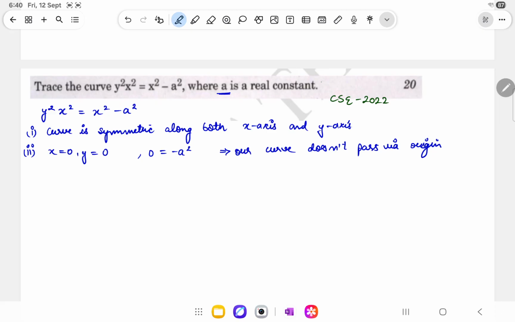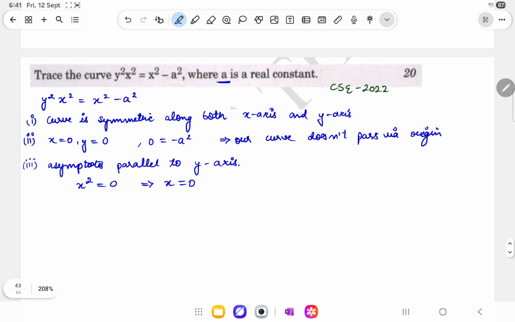Now first let's find the asymptotes. Asymptotes parallel to the y-axis I'll get by equating the coefficient of y square to 0. That gives me x square equals 0, so x equals 0, which is basically the y-axis only.